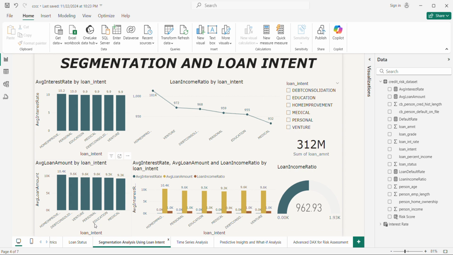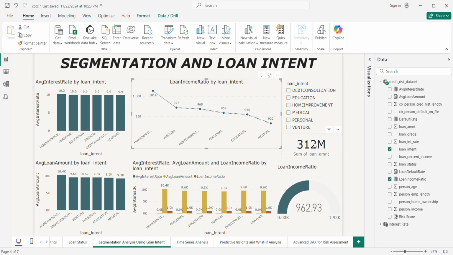Then move forward to the segmentation and loan intent. Here the average interest rate by loan intent, the average loan by loan intent, and the loan income ratio are calculated. There is a line chart which moves from high to low. There is a slicer of loan intent, which has around six categories.